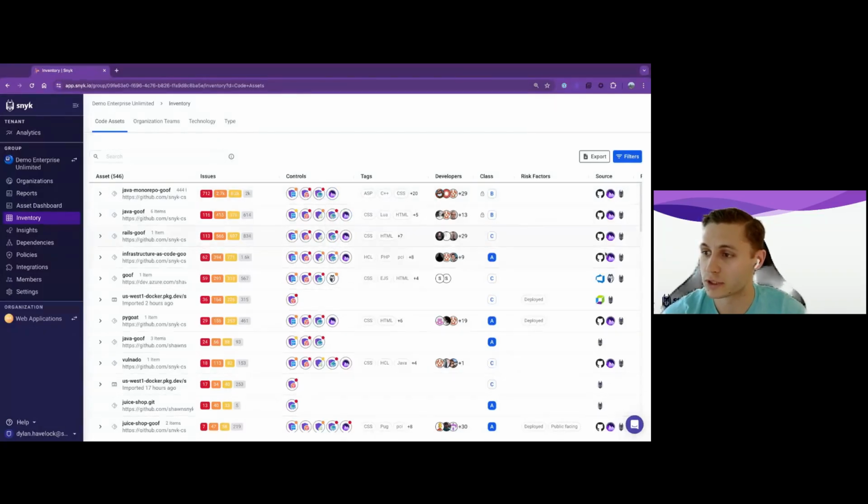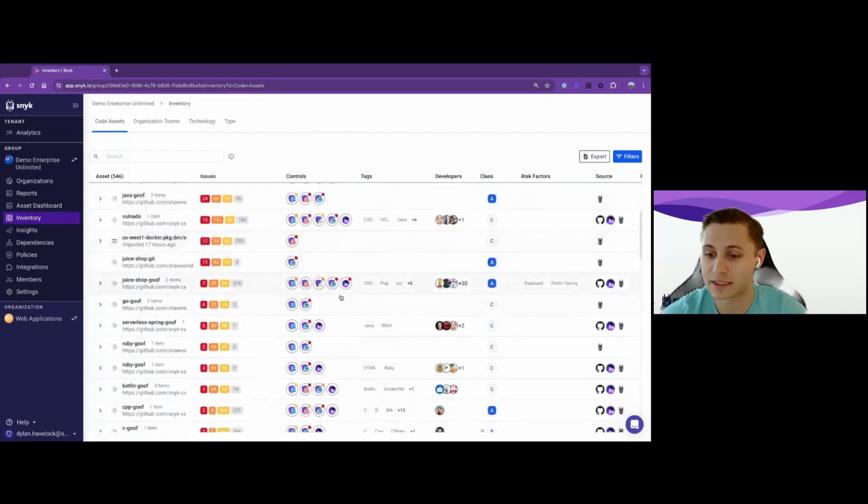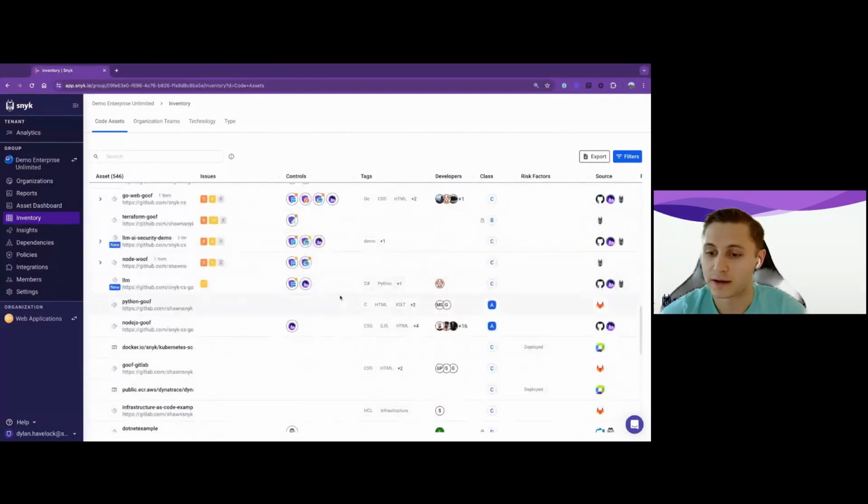We get the different sources for each asset here on the right. This is great. We can get a good view into what repositories are currently being scanned by Snyk. But if we scroll down a little bit, we can also see stuff that is not being scanned. So what are our actual coverage gaps? What are we missing in terms of SCA or SAST scanning?